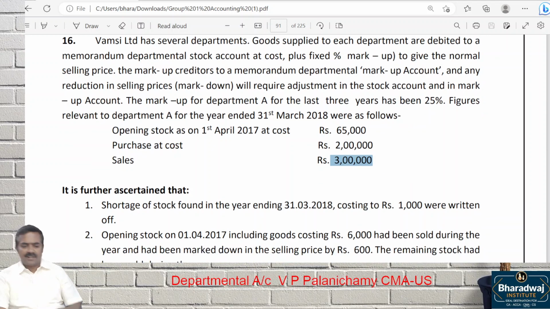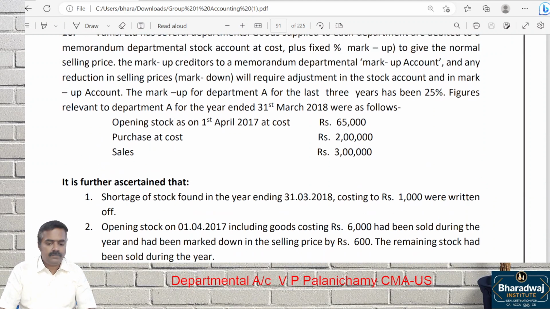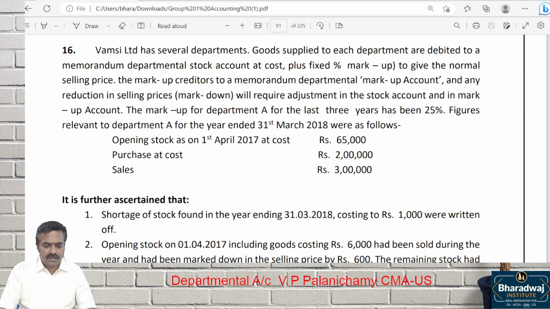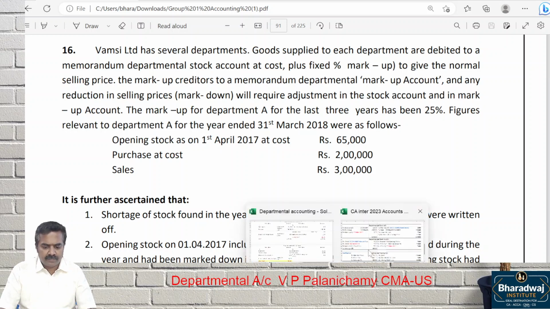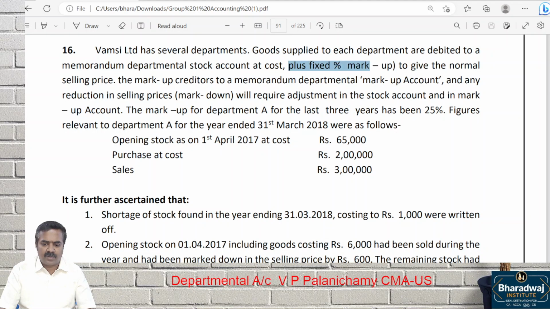Shortage of stock found is nothing but abnormal loss. Same as what we have done here. Opening stock at cost, and we have to record at what price? Markup price. Firstly, the instruction is given. Prepare the stock at what? Cost price or markup price?